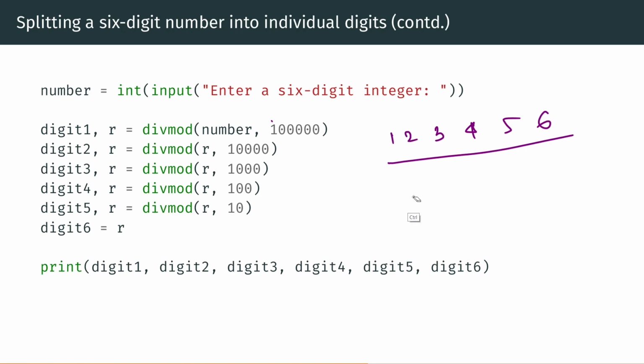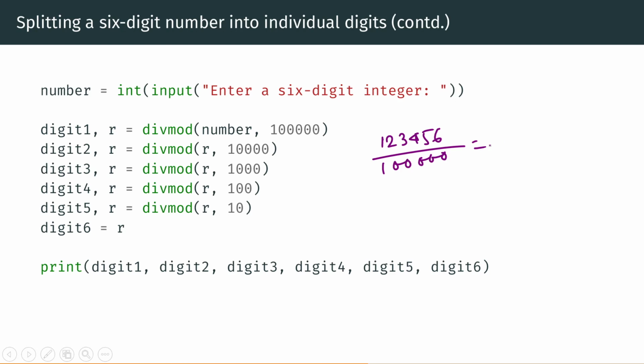Let me make it smaller. When you divide this number 1, 2, 3, 4, 5, 6 by 1, 0, 0, 0, 0, 0, if you express this as a mixed fraction, what will the result be? The result would be 1 and 2, 3, 4, 5, 6 over 100,000.